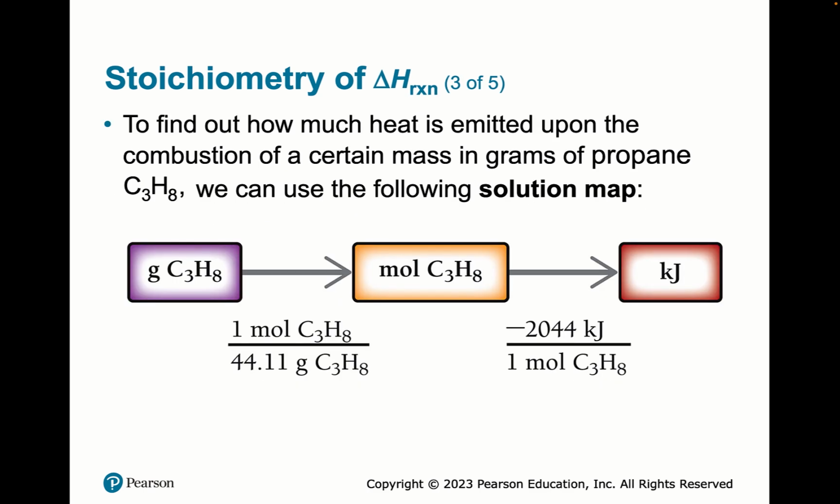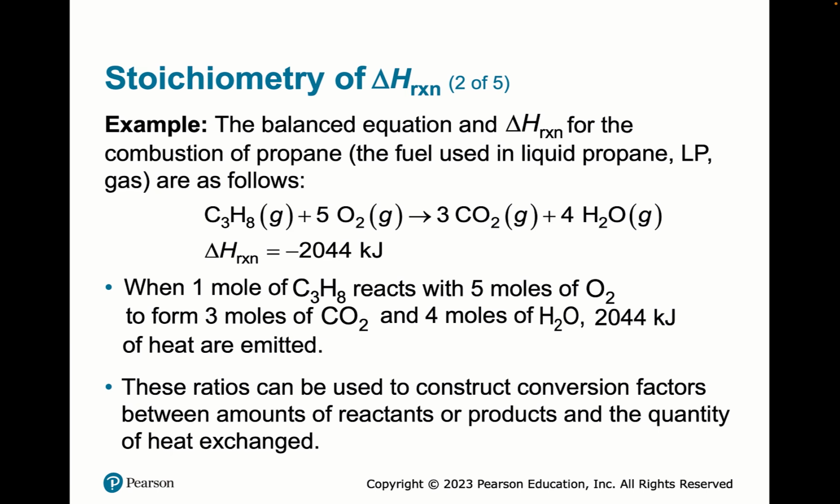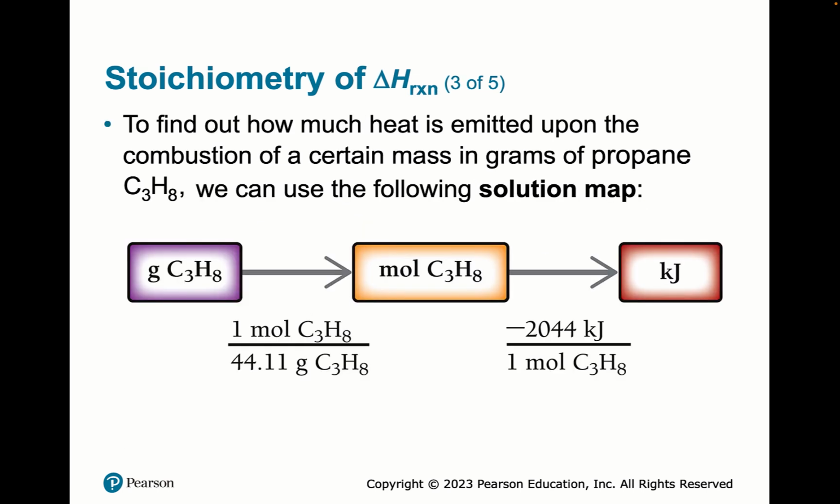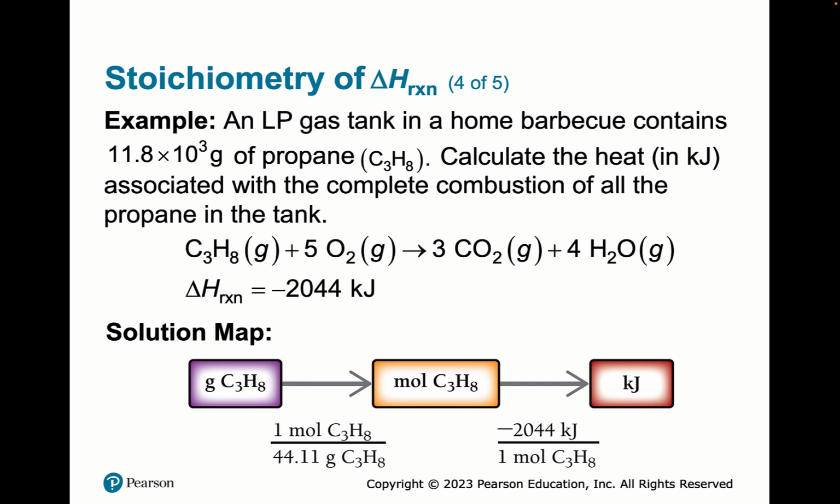So let's figure out the solution map. What is it asking for? We're not given a number yet. Oh, here we go. We're burning 11.8 kilograms of propane. Calculate the heat in kilojoules associated with the complete combustion of all the propane in the tank.